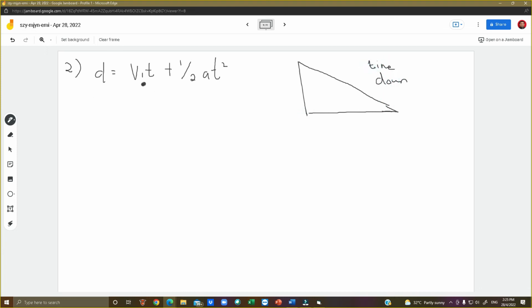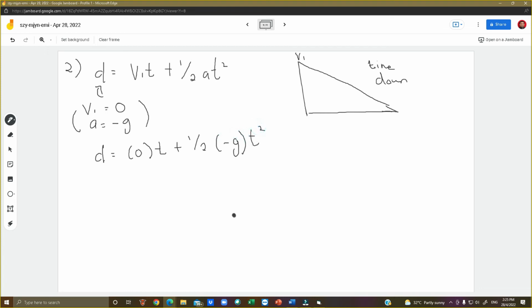At this one, V1 is at the top, so automatically V1 is 0. T we don't know yet. A is negative G. Now we are going to substitute this into the equation, where we have D equals 0 T plus half A T squared.